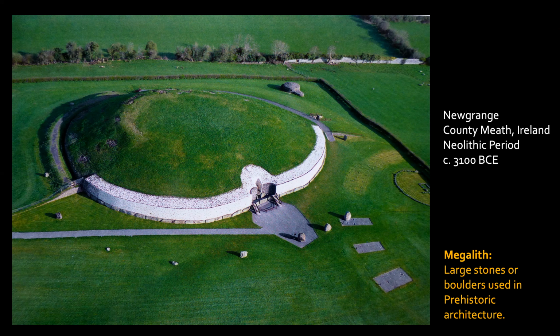All right, function of Newgrange. This is a communal grave. So it's a tomb. It's a circular tomb. There is an entryway. I will circle it right here. There's the entryway. They've added modern-day stairs for people visiting today. And there's an internal passageway that goes back from here to an internal chamber relatively at the center of Newgrange.